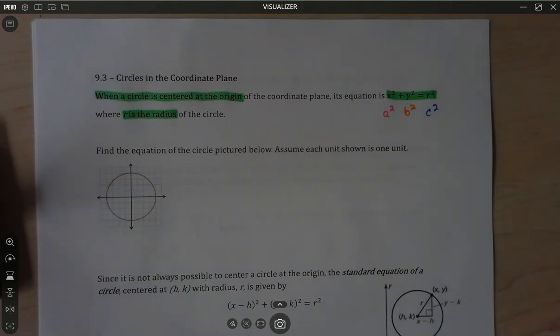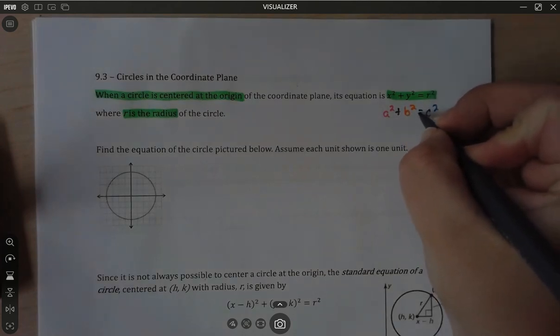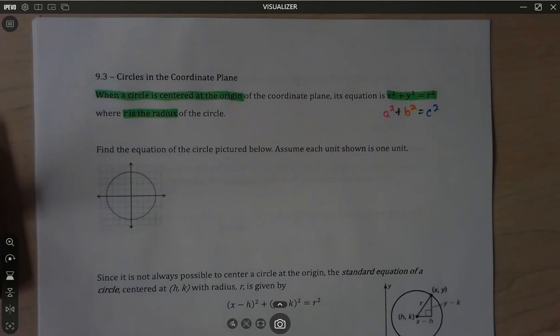So a lot of similar connections. That Pythagorean theorem still creeps up. So our coordinate equation for a circle is the same as our Pythagorean theorem.